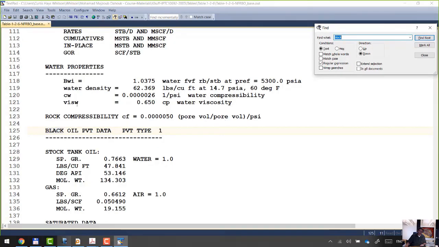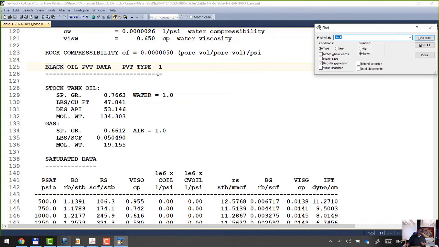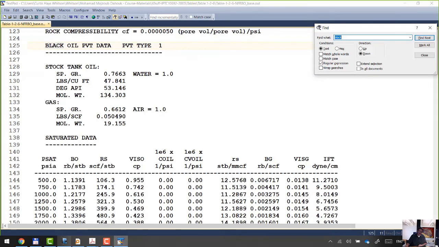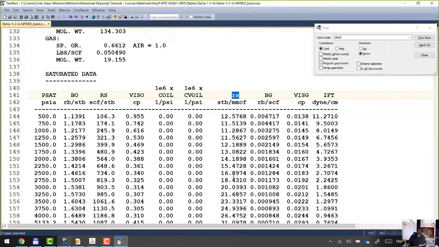Okay, so what you see is that the black oil table has been created from the equation of state within Sensor automatically. It reads in the equation of state, reads in the composition, and then creates the black oil table internally. The saturated properties of the black oil table are shown here. Here you've got the little Rs, the solution condensate gas ratio.